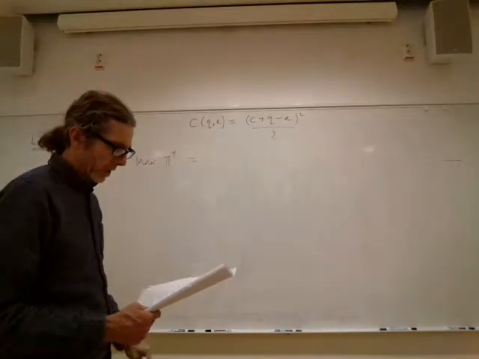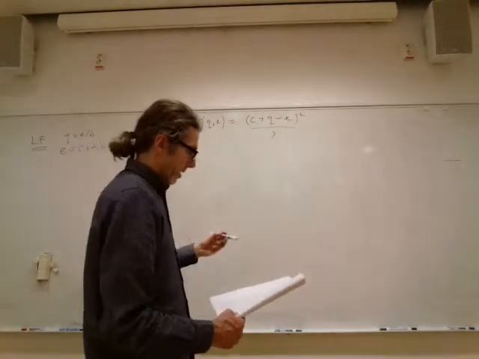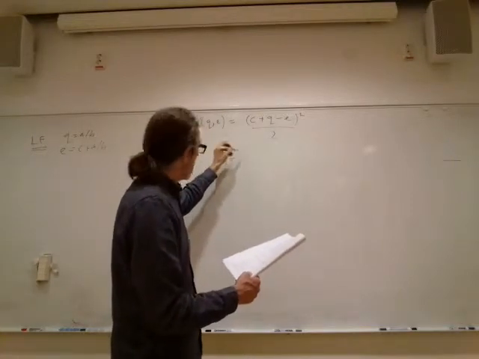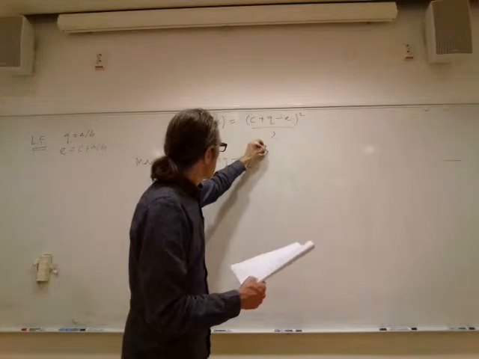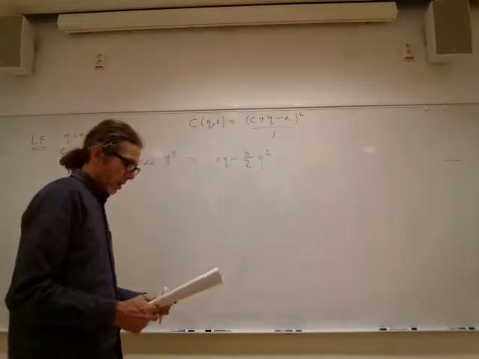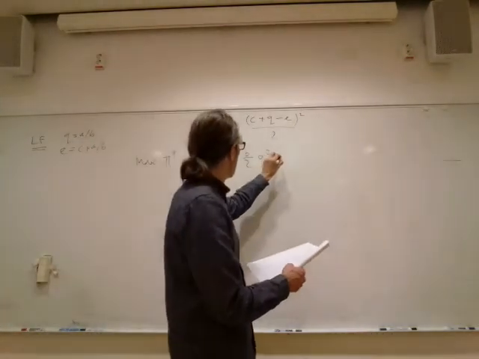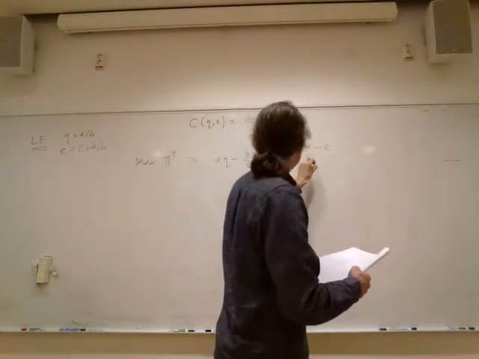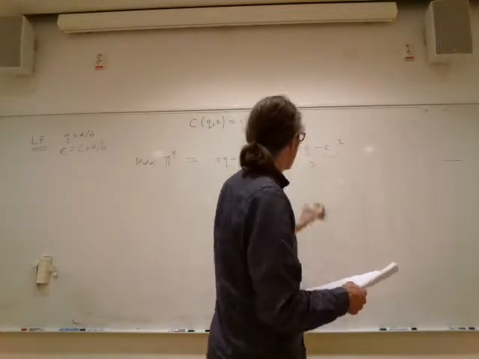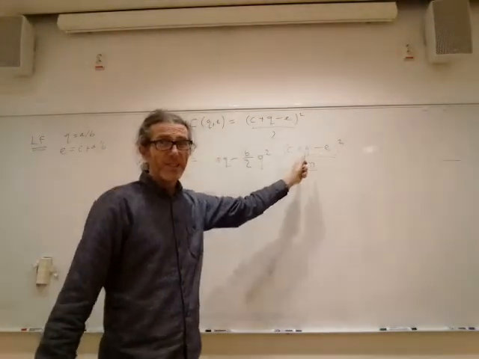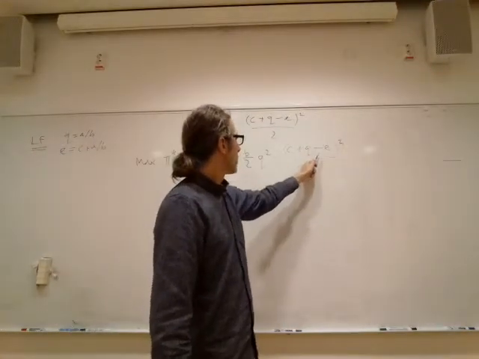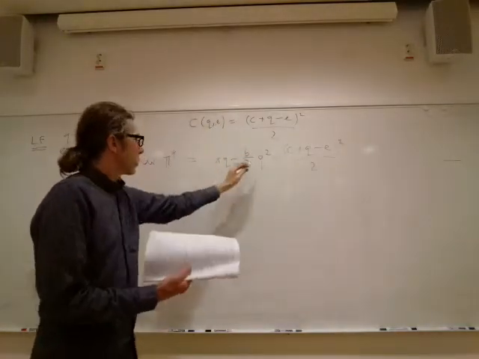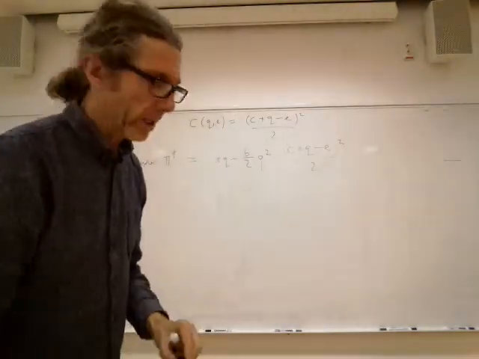We want to maximize pi star, which is the surplus AQ minus B over 2 Q squared, we worked that out earlier, minus costs, which is C plus Q minus E squared over 2. But of course, it's kind of obvious when you see what's going on. We're going to choose E to make sure this is 0, and it's not going to play any role. And we're just going to choose Q to maximize there.